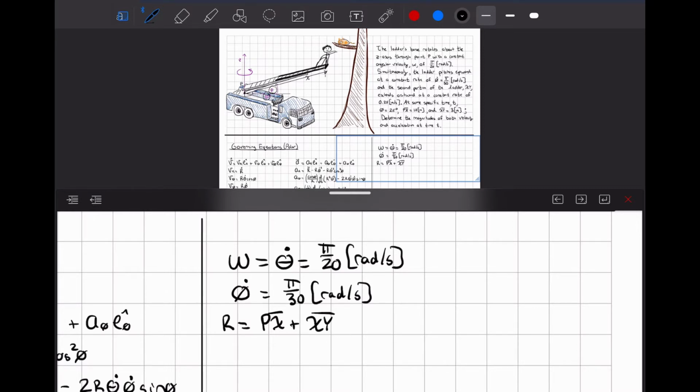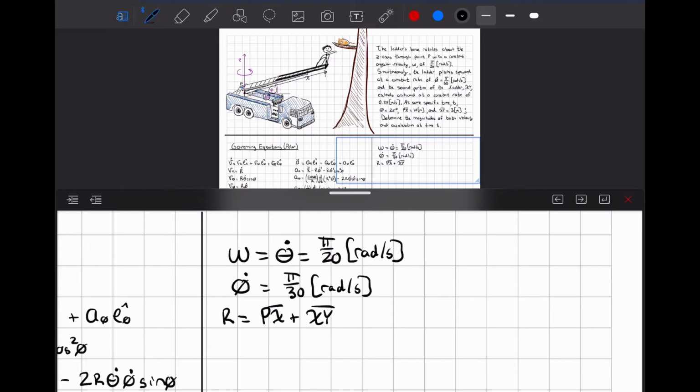And then, what exactly is that position going to be? Well, we're given essentially xy dot. So really what we could write is r is equal to px plus xy dot times some t. We don't really know what t is, but it doesn't matter because we're given all the information we need. And you'll see that in a second.